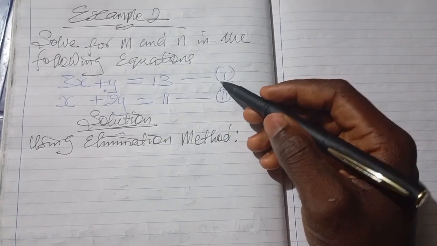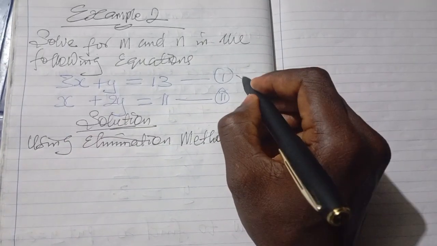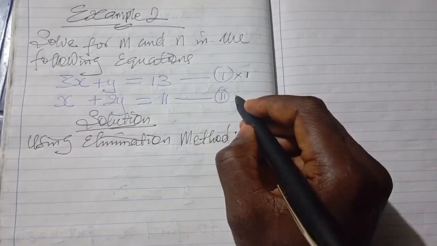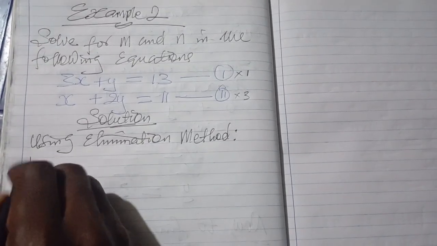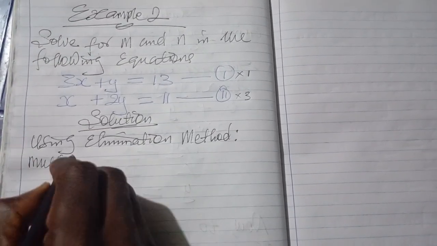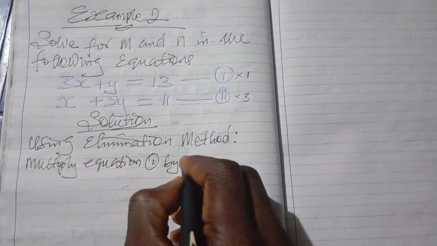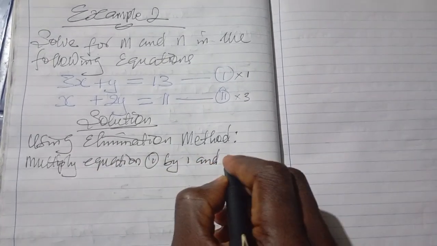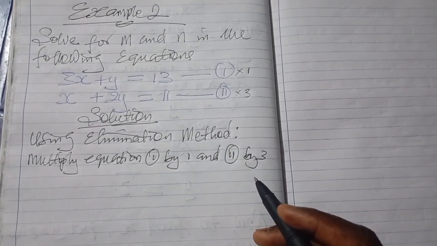So for us to achieve this, we are going to multiply equation 1 by the coefficient of x in equation 2, so multiply equation 1 by 1, then multiply equation 2 by 3, to make the coefficient of x the same.